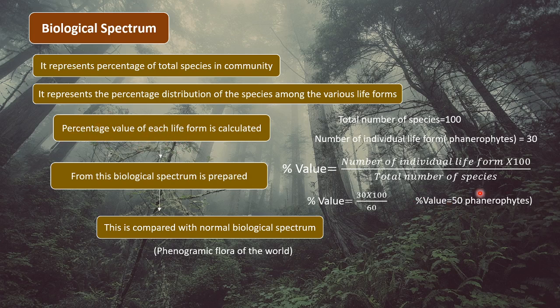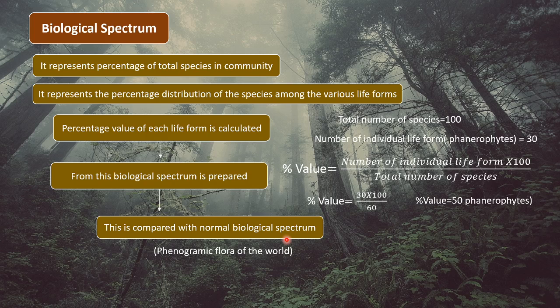So here we calculated the percentage value of the phanerophytes life form. Like this we can calculate the percentage value of all the remaining 4 life forms, which are cryptophytes, hemicryptophytes, chamaephytes, and therophytes. So when we get this percentage value, then we will prepare the biological spectrum of that area. And when the biological spectrum of that area is prepared, it has to be compared with the normal biological spectrum, which is given by Raunkiaer.